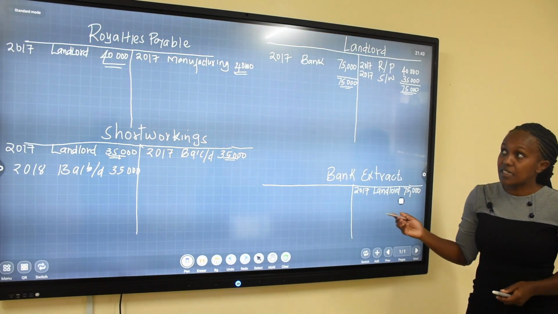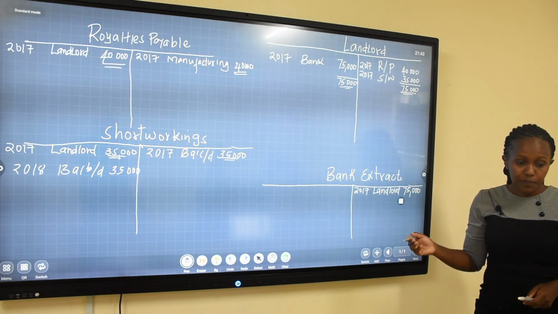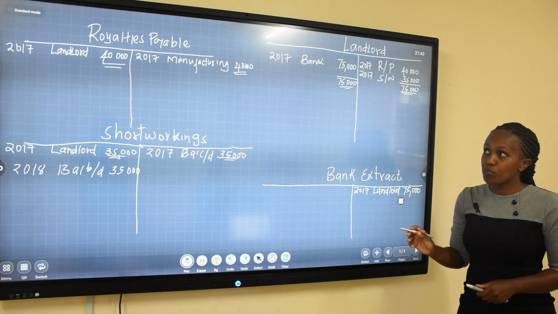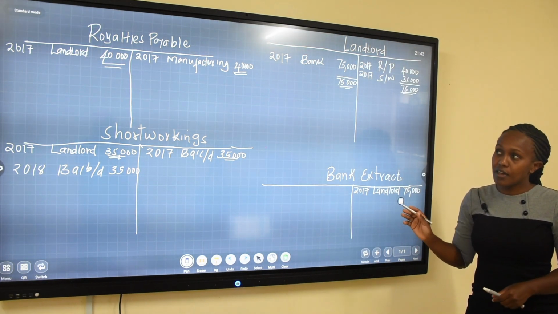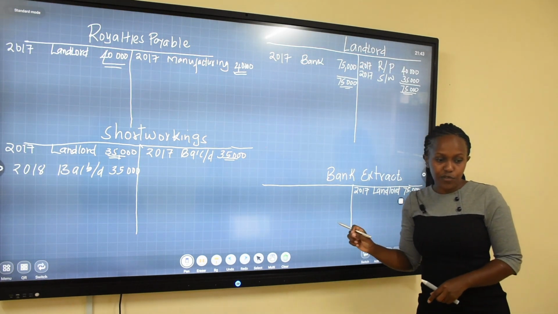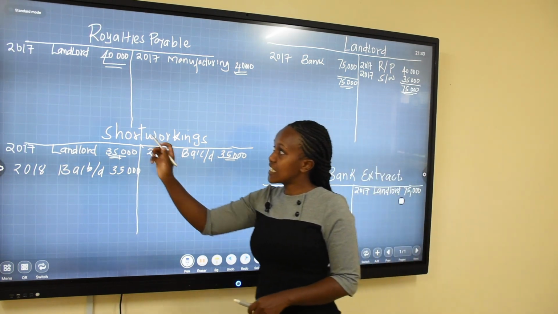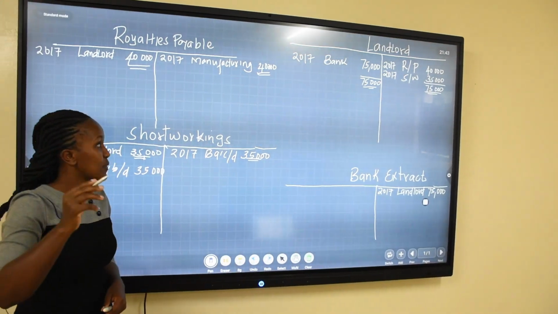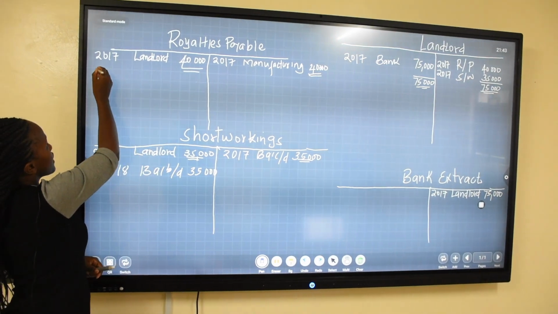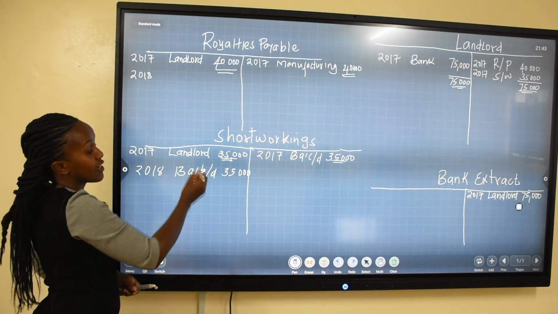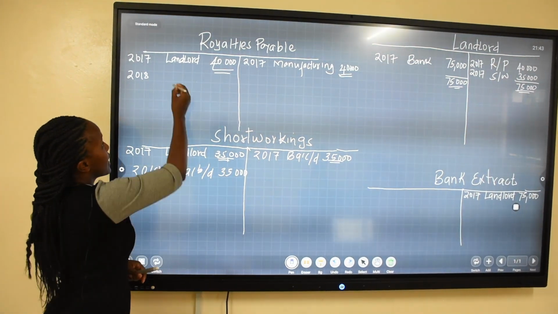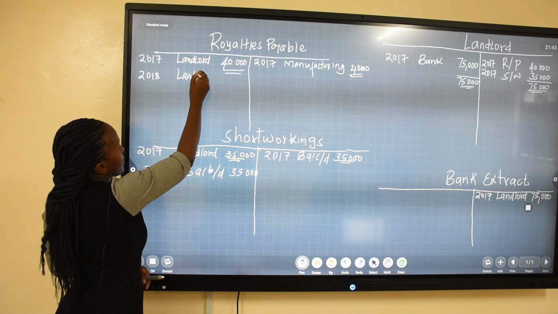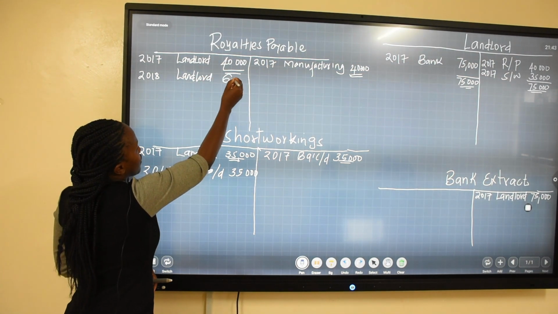Our starting point is the same. In the second year, the royalty payable as computed based on the output is 65,000. So we are going to start here again in the second year. So we are going to say this is now 2018. The royalty payable to who? Payable to the landlord is going to be 65,000.